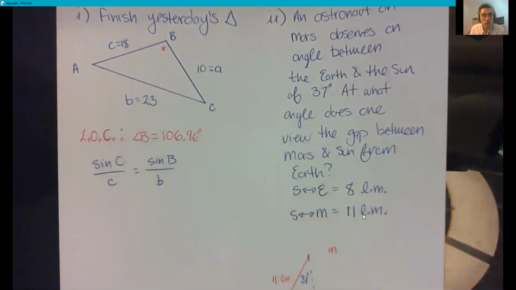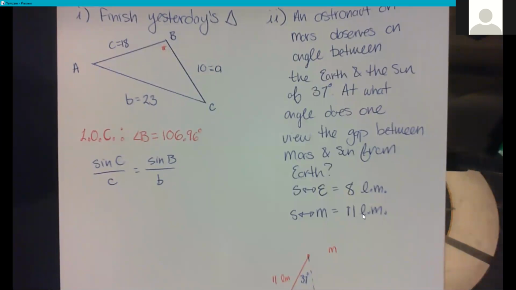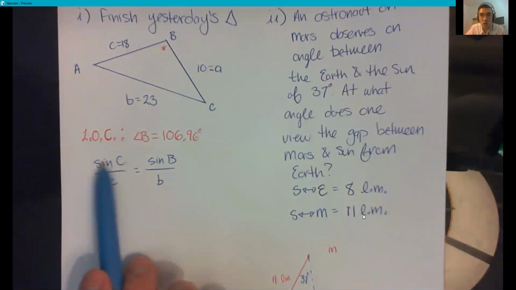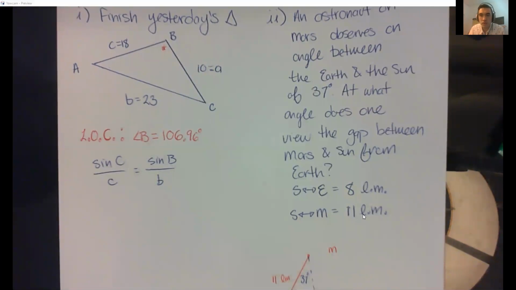So how do I get angle C alone? I need to do some algebra to get angle C all alone. Oh, you multiply by. Inverse sine? Oh yeah, no. We cannot inverse sine yet. We can only inverse sine once sine C is all alone. How do I get sine C alone?